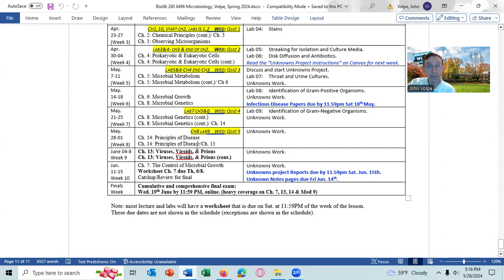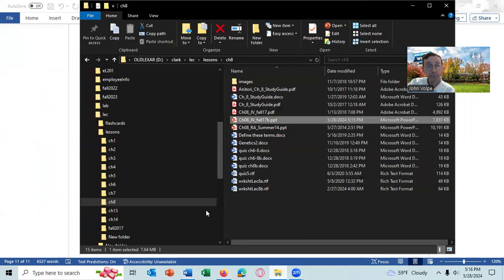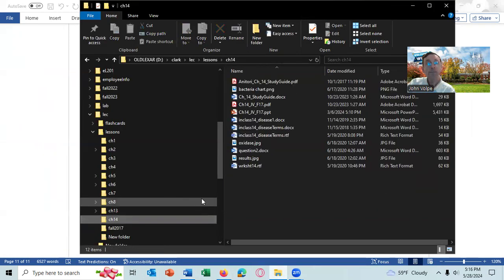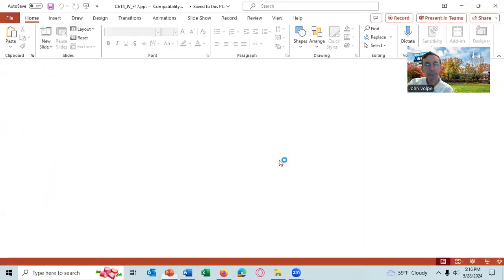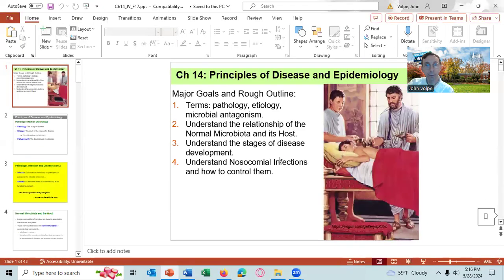14, the principles of disease. As always, I give you an introductory slide, which shows you the major goals and a rough outline. First, know the terms pathology, etiology, and microbial antagonism.